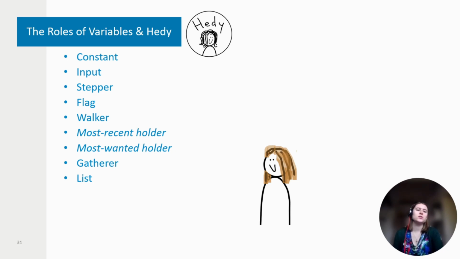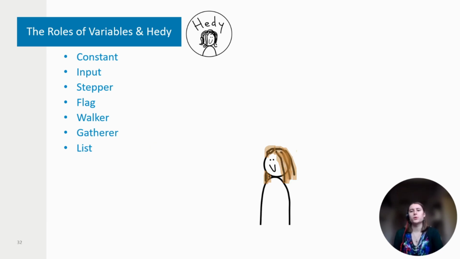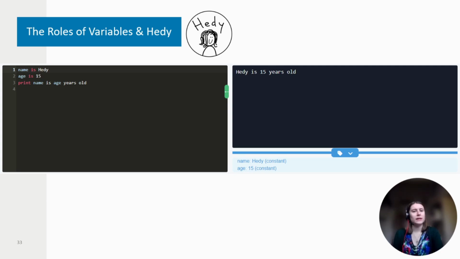So I decided to keep those 2 in the back of my mind, but for creating my prototype to integrate the roles of variables into Hedy, I thought it was important to make sure I adjust the framework to the Hedy language and not the other way around. So for now, I would not use the most recent and most wanted holder, but just have these 7 roles as a start for this prototype. It would look like this.